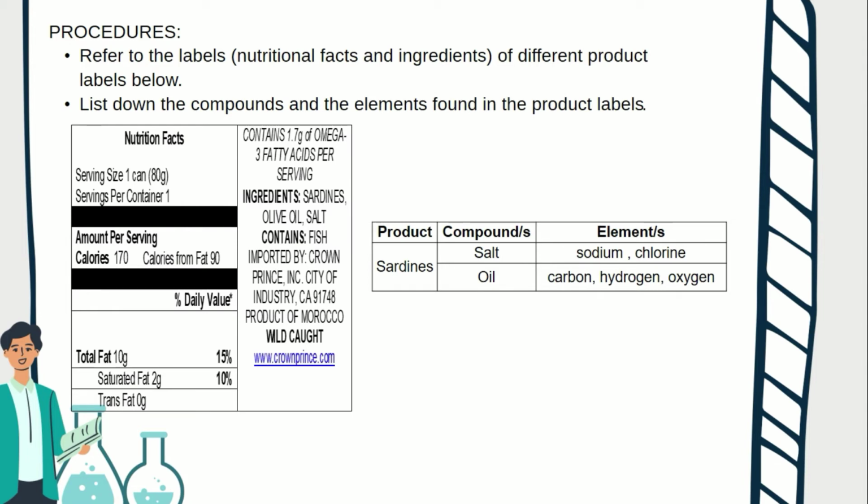For number 1, the product based on these nutritional facts is sardines. The compounds that are present in sardines are salt and oil, while the elements present in salt are sodium and chlorine, and the elements present in oil are carbon, hydrogen, and oxygen.